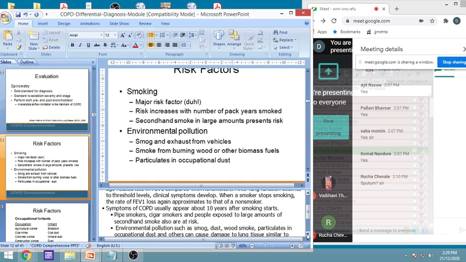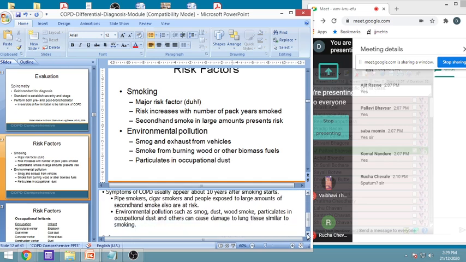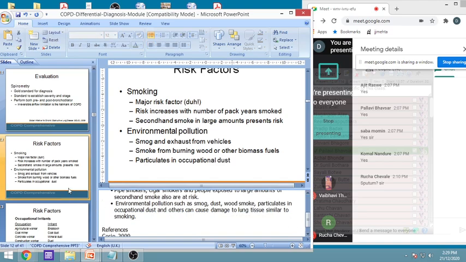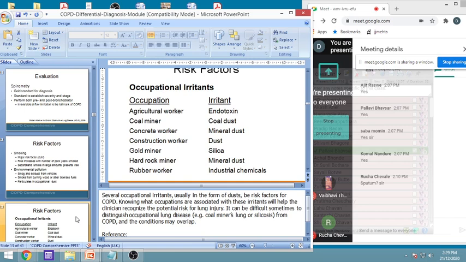Others who are not smoking and never smoke also get these gases inhaled. Environmental pollution like smog and dust can also contribute.